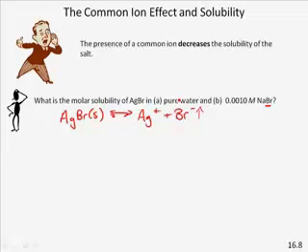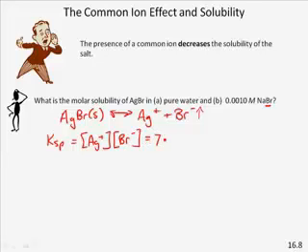So let's quantitatively compare these two things. Let's look at the solubility of our silver bromide. Ksp is silver and bromide, and that's going to apply in both places, and that's going to equal, from before, 7.7 times 10 to the minus 13.